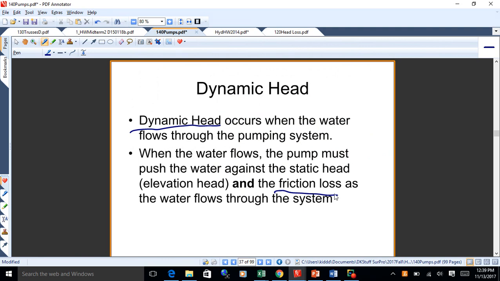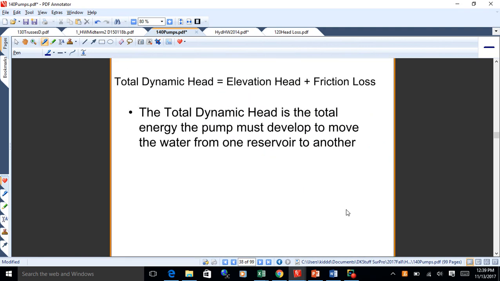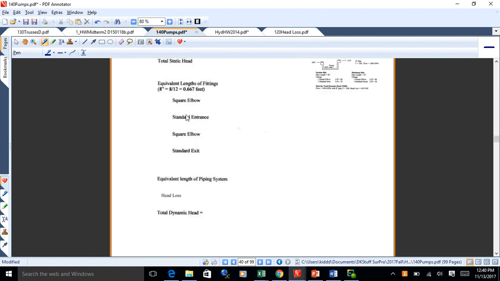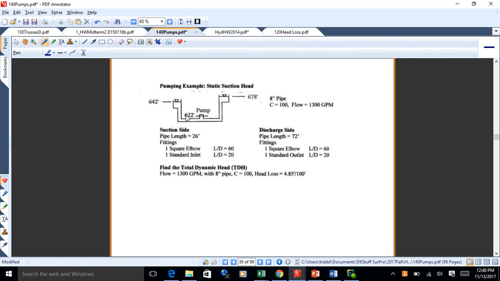So if we really want to size the pump for what it's going to do, we've got to know the flow rate, and from that get the friction loss. So you take the friction loss, add it to the elevation head that we were just looking at, and that'll get you the total, what's called dynamic head, which means the water's flowing, it's moving. And that's what the pump has to do to get the water to flow from one reservoir to the other.